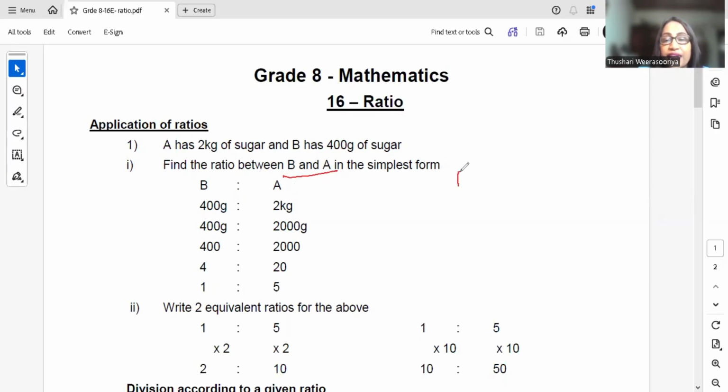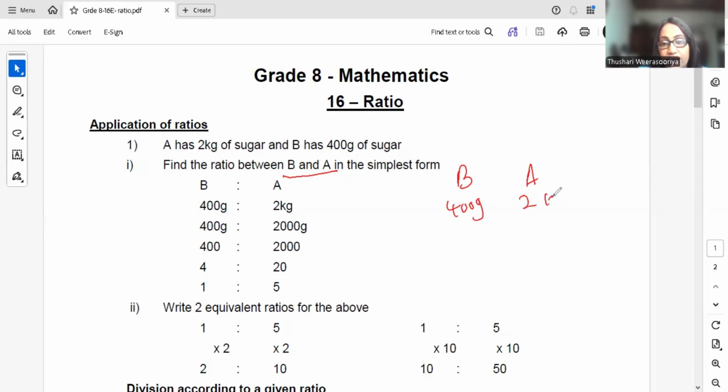First you write B and A. A has 2 kilograms and B has 400. But they are asking the ratio between B and A. So, therefore, you have to write B first. Now, B, 400 grams.